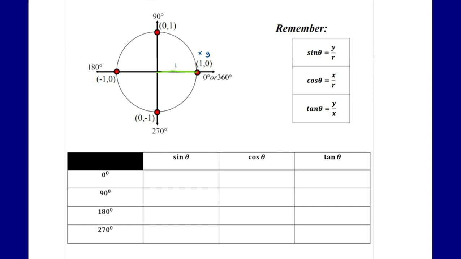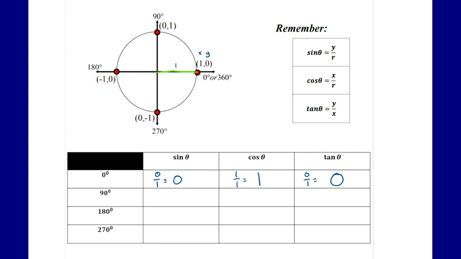So for sine theta, y over r or 0 over 1, it equals 0. For cosine, x over r, well, x is 1, so 1 over 1 equals 1. For tan, y over x or 0 over 1 leaves us with 0.